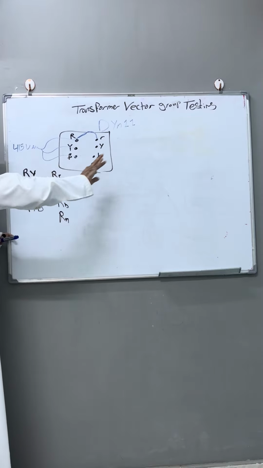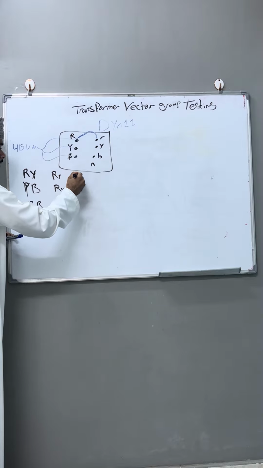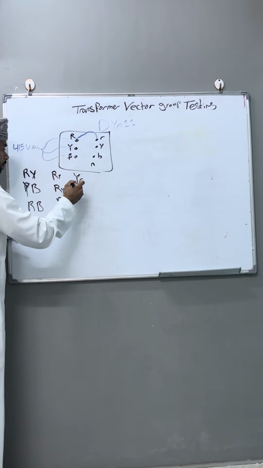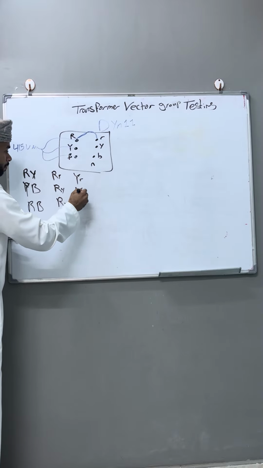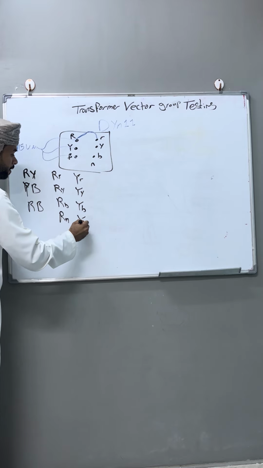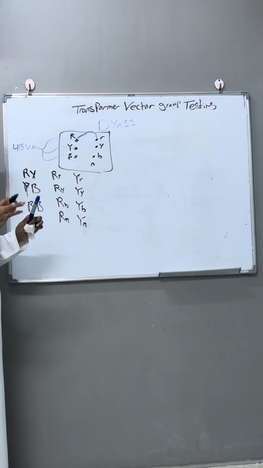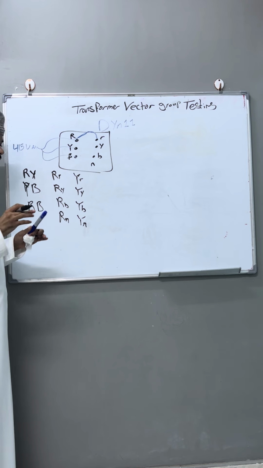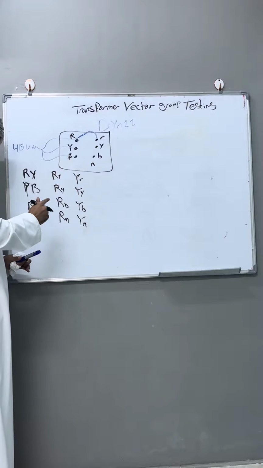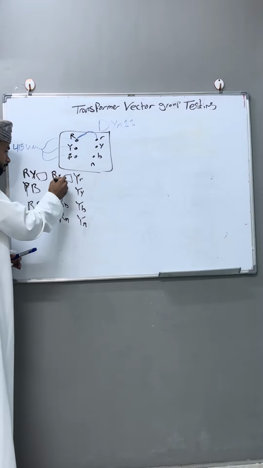Again for all the phases. Then Y capital to R small, Y capital to Y small, Y capital to B small, Y capital to neutral. All the readings should be taken for the test report format. When you measure all the readings, just mention them in the test report.